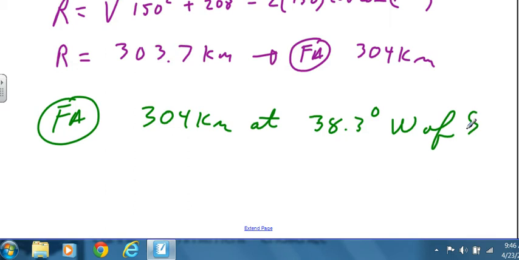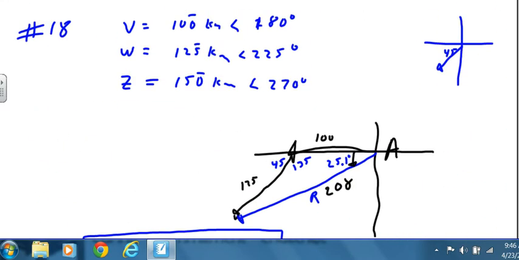Now, we'll go back to the top of the problem and put it in our calculator and see what we get. See if we're even close. So I got 100 second function complex angle 180 plus 125 second function complex angle 225 plus 150 second function complex 270. Oh, bummer, I hit the wrong button.